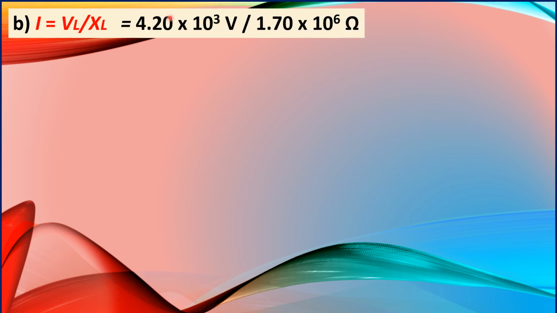That's expressed here in terms of capital I being equal to the amplitude of the voltage labeled capital V sub L divided by the inductive reactance, capital X sub L. Substituting, we have 4.20 times 10 to the third volts, that's the value of the voltage amplitude, divided by 1.70 times 10 to the 6 ohms.